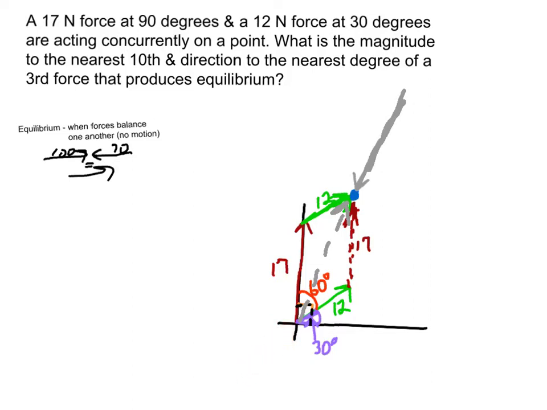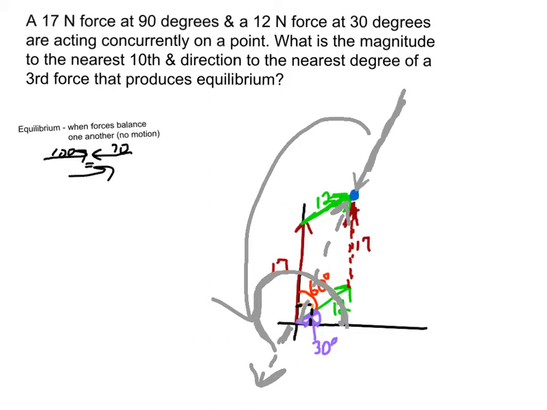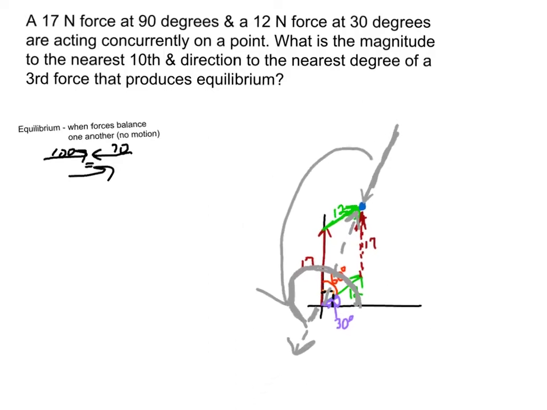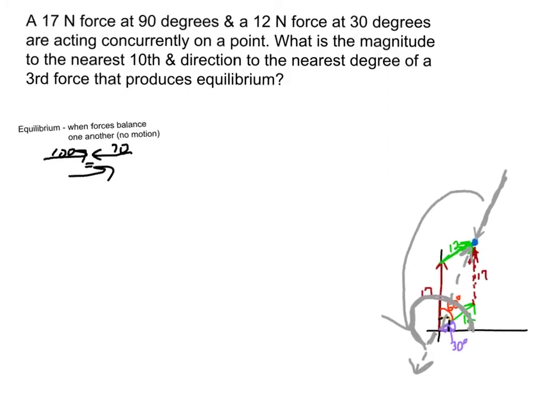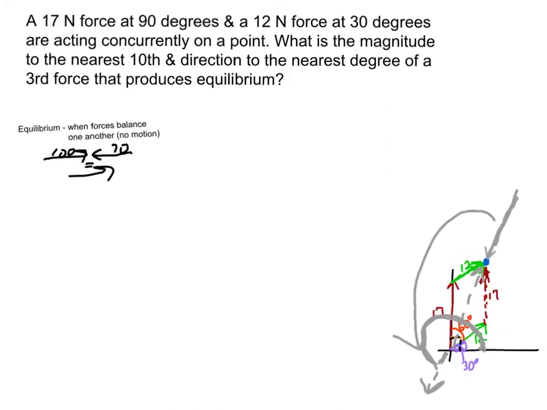I'm going to translate this gray vector down here, and it's going to be pointing this way. So the direction for that one is going to be a big obtuse angle like this. If you get a big angle answer, you're probably correct. We are going to leave this diagram up over here, so hopefully it'll absorb into your brain at some point.